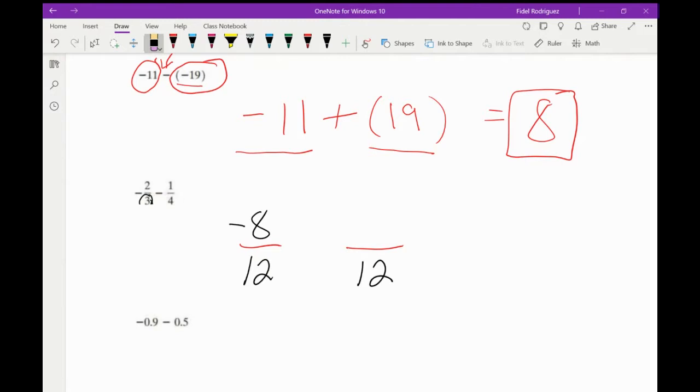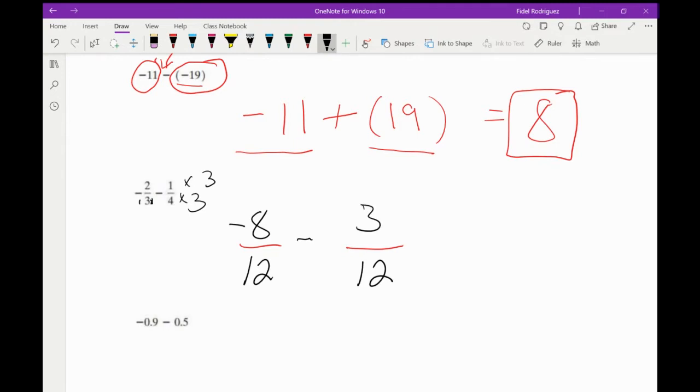Now let's try this one here. I'm going to multiply 4 by 3. So I'm going to do 1 times 3. So I'm going to put a minus right here, and I'm going to put my 3.